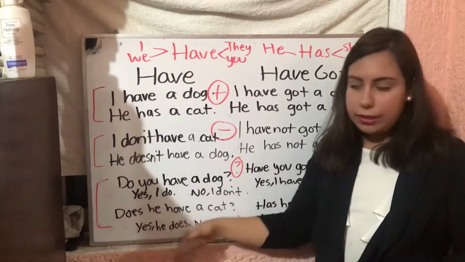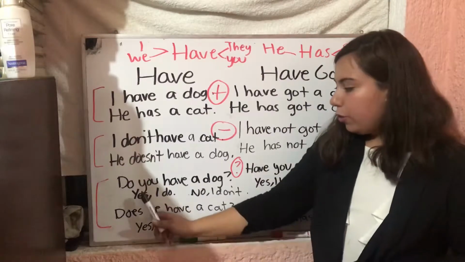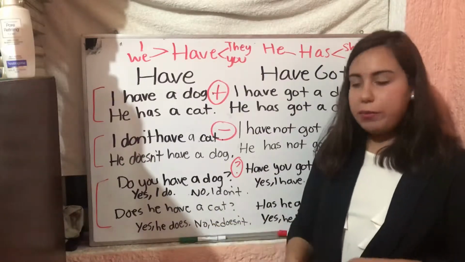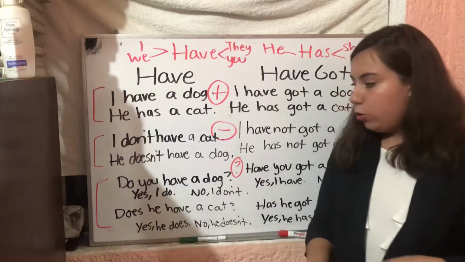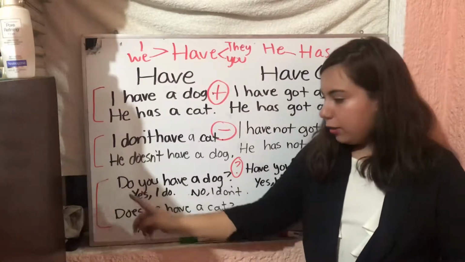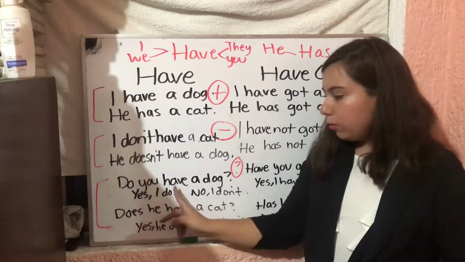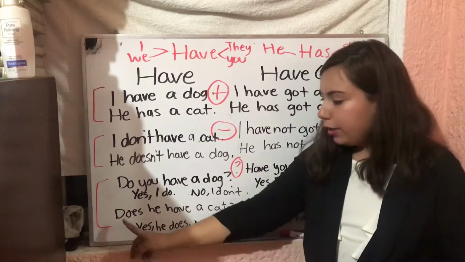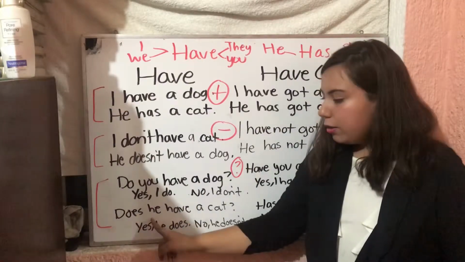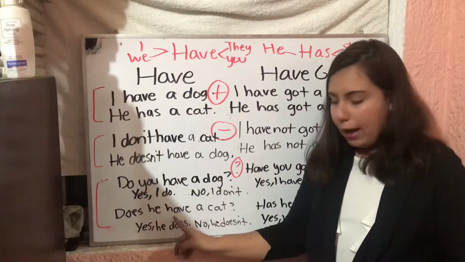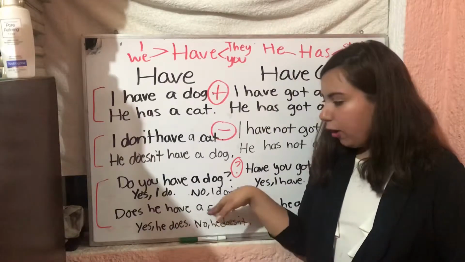Now, for the yes or no questions, it would be, do you have a dog? The answer would be, yes, I do. No, I don't. So here we start with the auxiliary. It's auxiliary, subject, verb, complement. Same thing here. Auxiliary, does, subject, he, verb, have in base form, obviously, and then the complement.